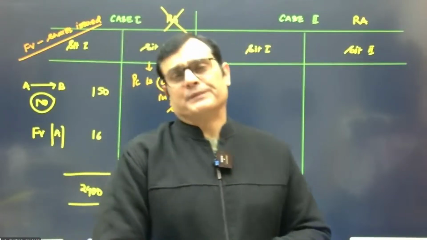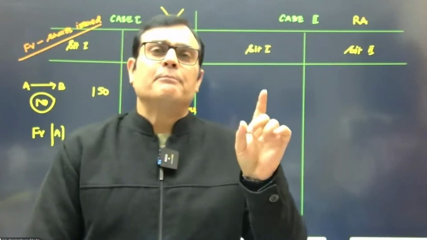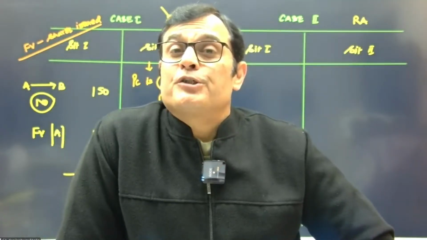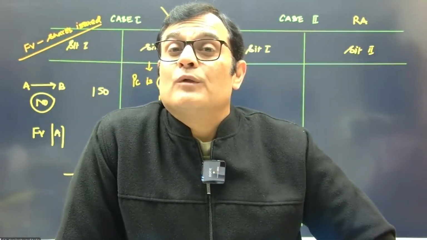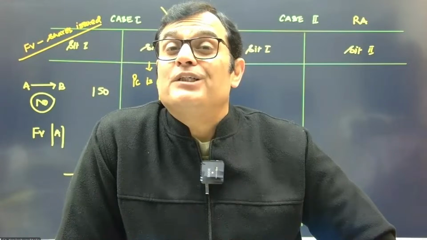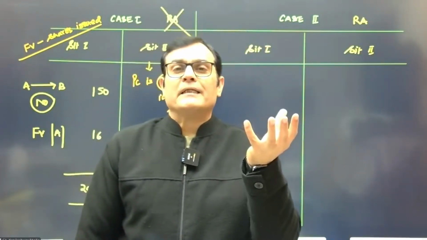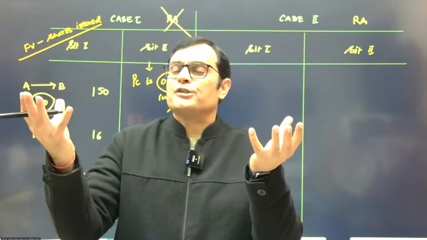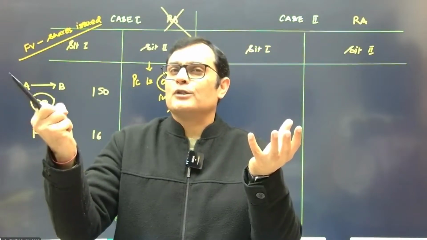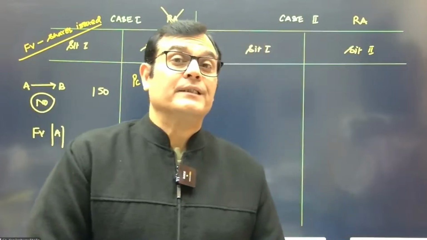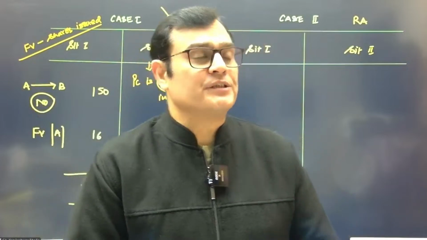Now let me say something. Company A, by issuing 150 shares, got the control over 60 shares of B. Please mind the words carefully. Company A, by issuing 150 shares to the shareholders of B, got control over company B. So what it acquired is a control over 60 shares.